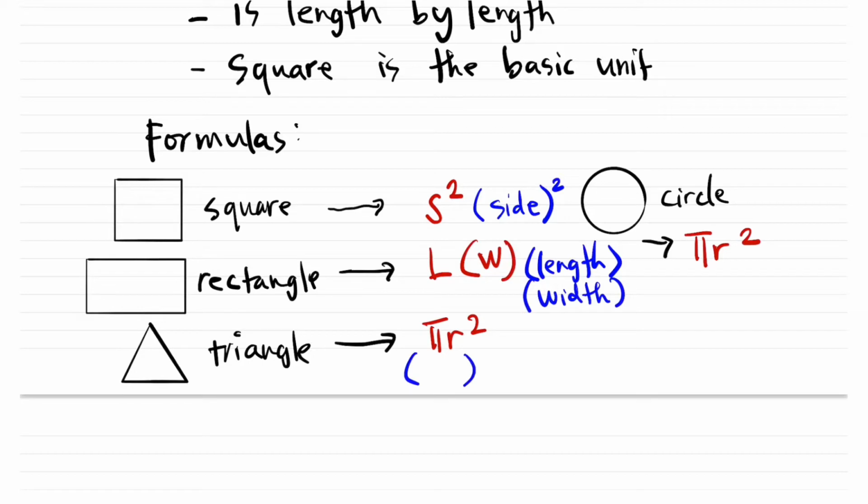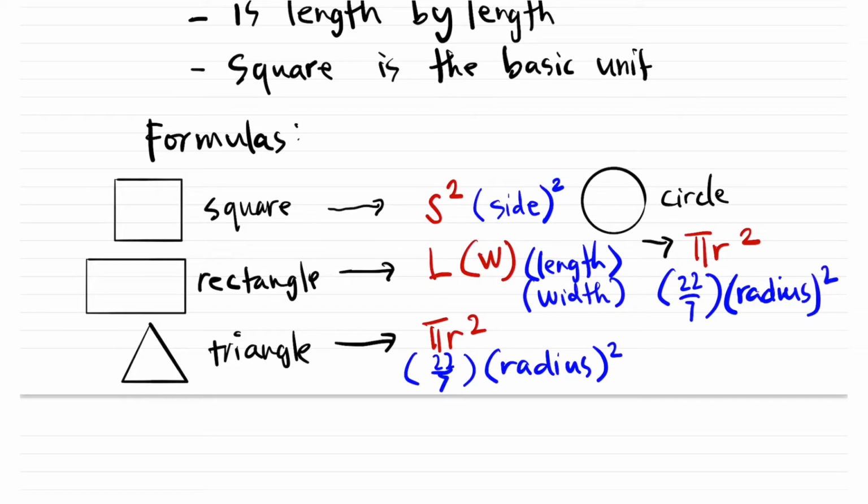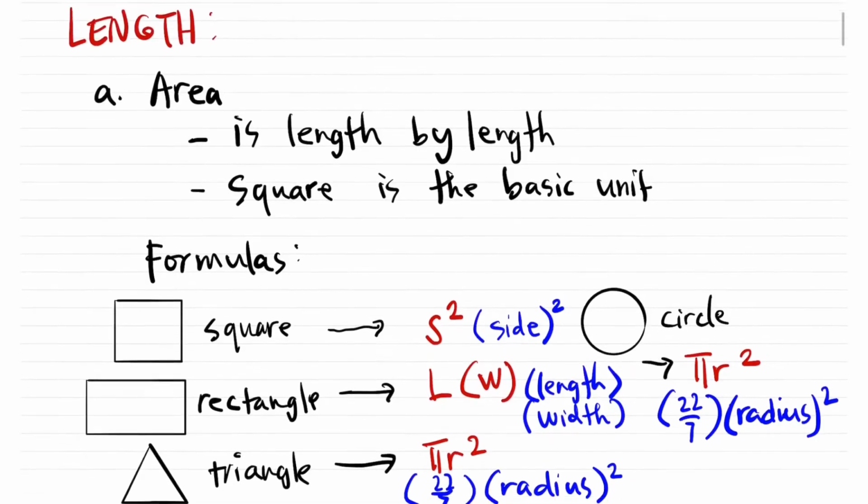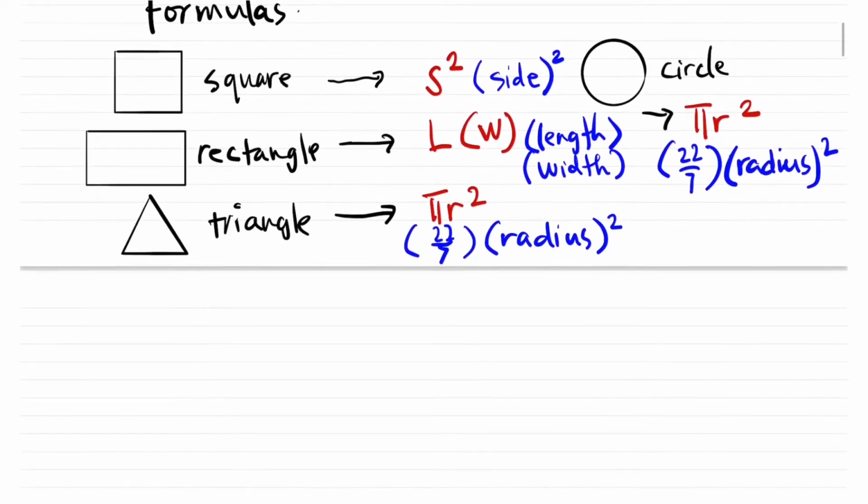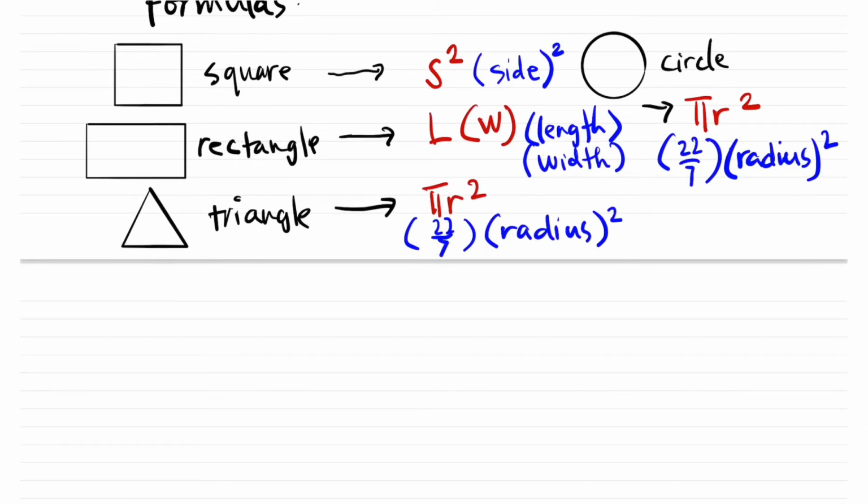Pi here measures 22/7 times radius squared. So these are the formulas for the area of a basic regular polygon.